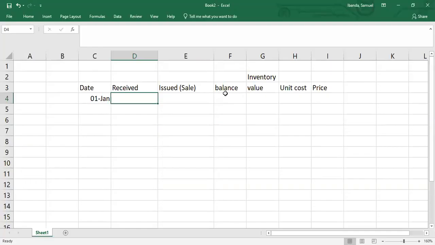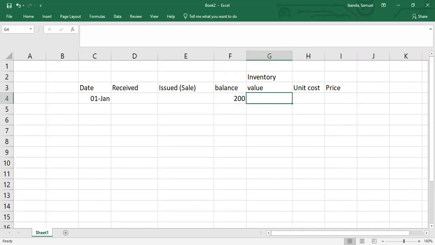These 200 bags are valued at 55, so the unit cost is 55.